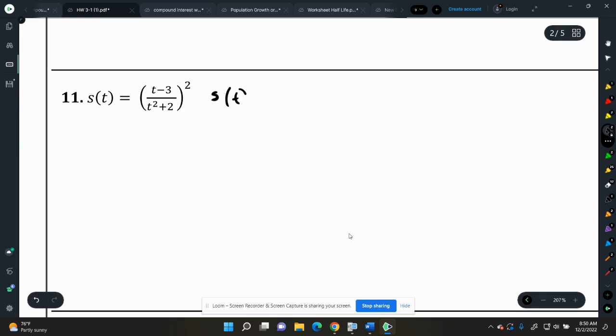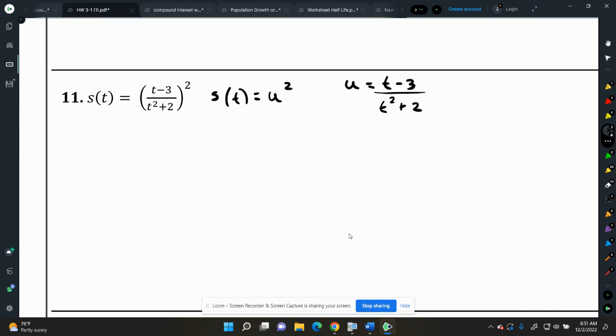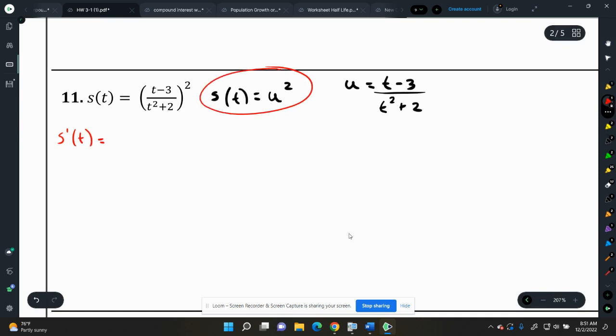So I'm going to do s of t equals u squared, where my u is t minus 3 over t squared plus 2. Okay, so s prime of t, right? I'm taking the derivative of this. That's going to be 2u du.